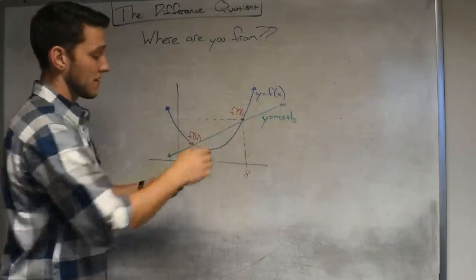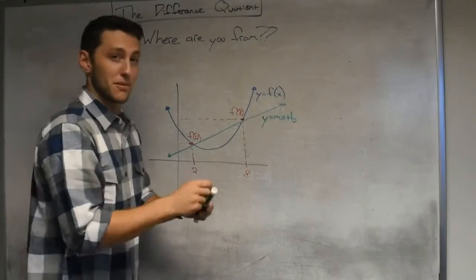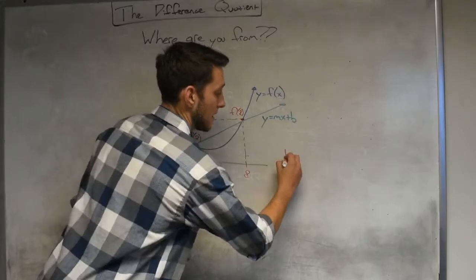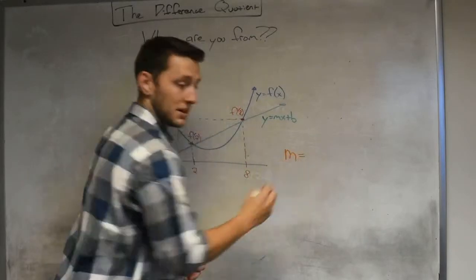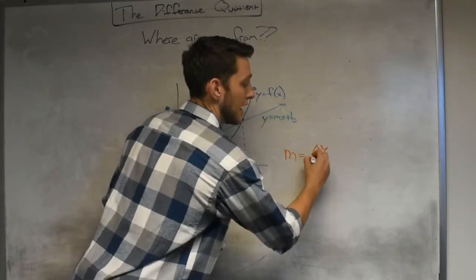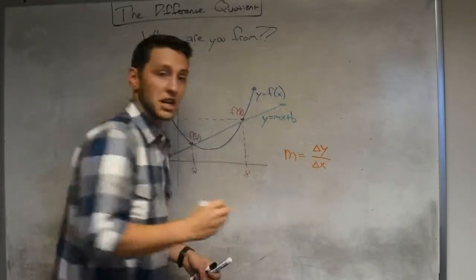So, in order to find the slope of that line, you might be familiar with this formula, hopefully. All we do is this right here. M, which stands for slope, is going to be change in y over change in x.